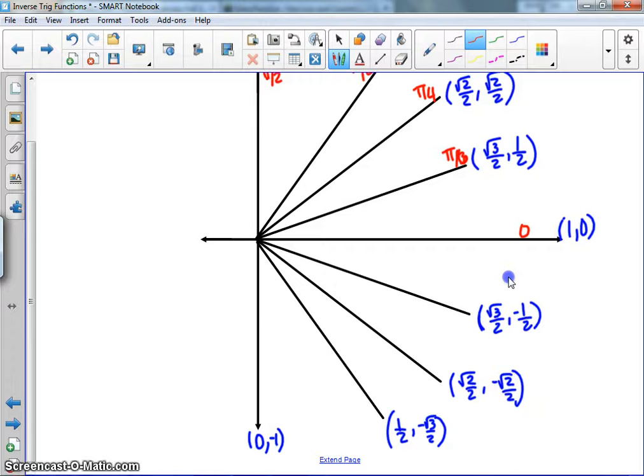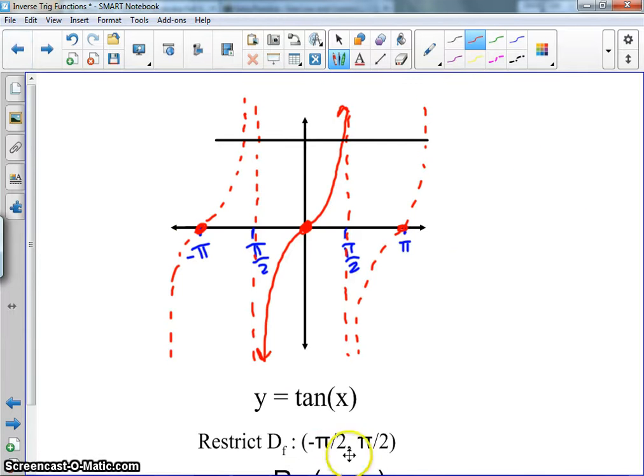The only thing that will change is instead of these angles being positive, and so we would go 3 pi over 2 and so forth, now we're going to rotate down in a negative way. And so this is going to be negative pi over 6, negative pi over 4, negative pi over 3, and negative pi over 2. And so I'm just going to label these angles to match our restricted domain for sine and tangent.